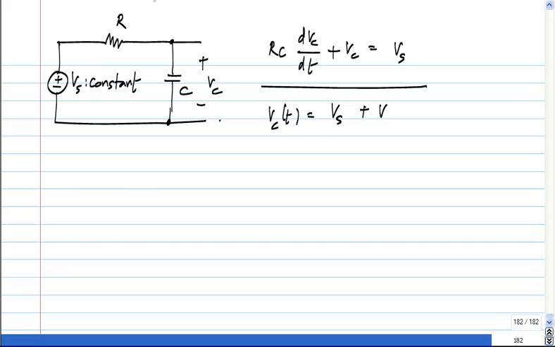So I'll just call this Vc10 exponential minus t by Rc.